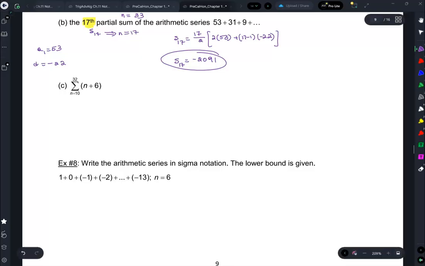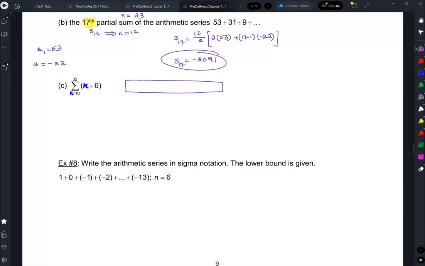I prefer, and most books prefer, to use another letter like k for this, so that n is just the number of numbers you're adding. So now you have a list.